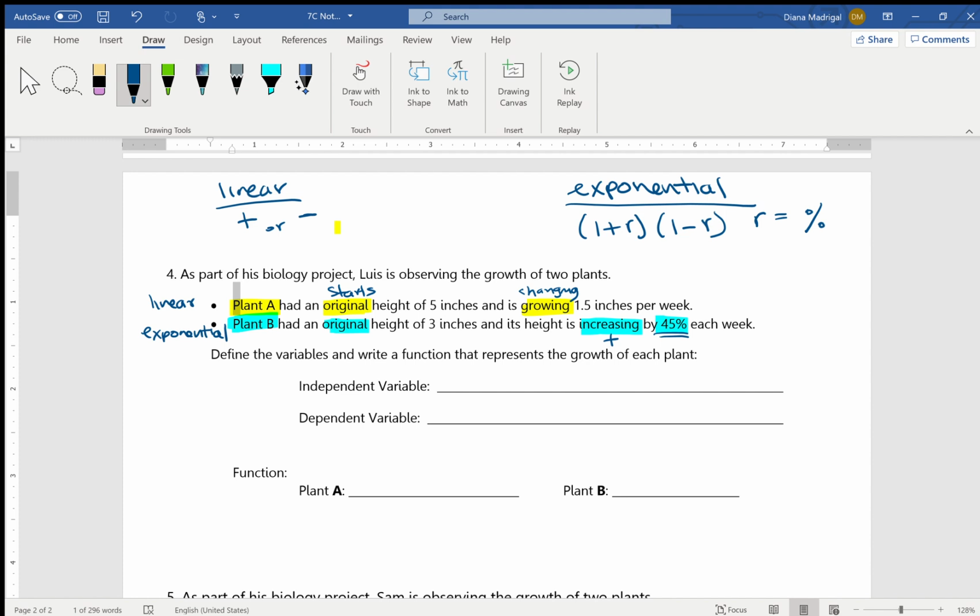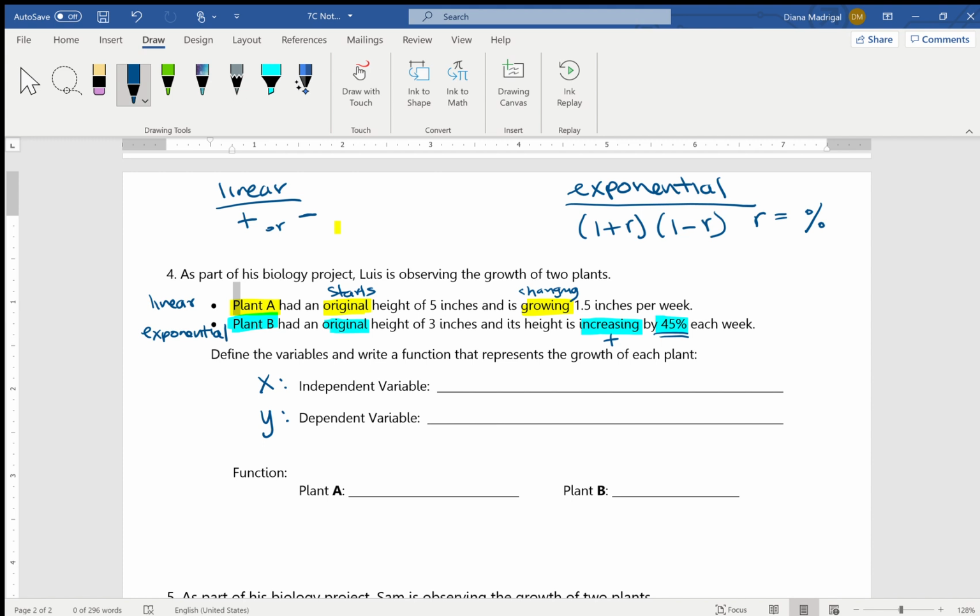All right, we have to define the variables and then write the function. Independent, remember, is the one that is by itself, doesn't depend on anybody. That's going to be X. And dependent is your Y, your final answer.